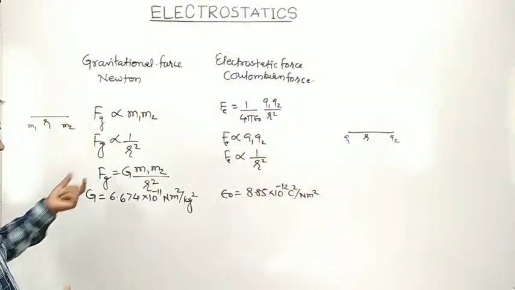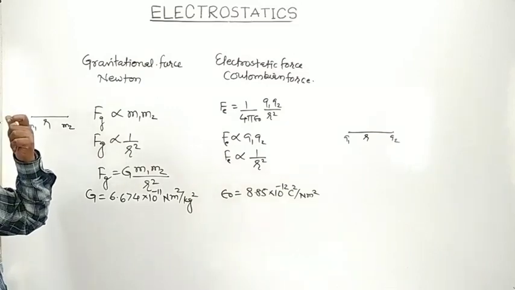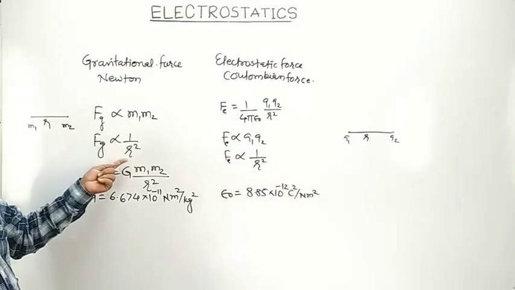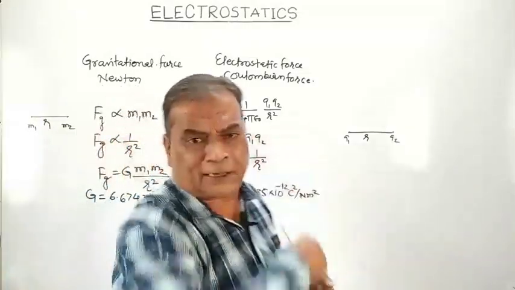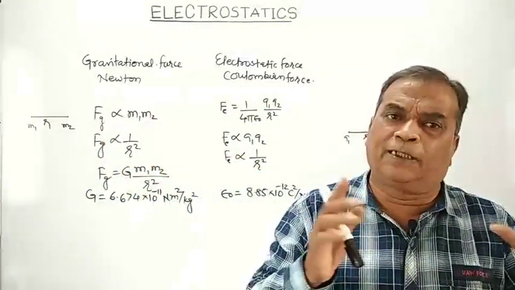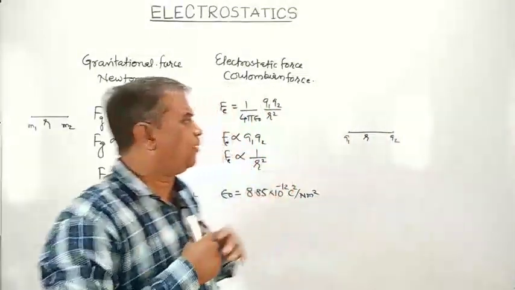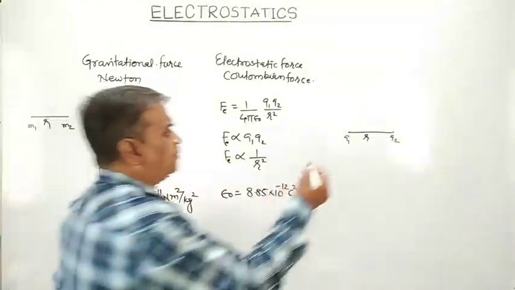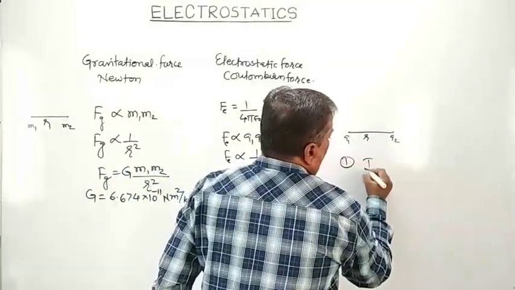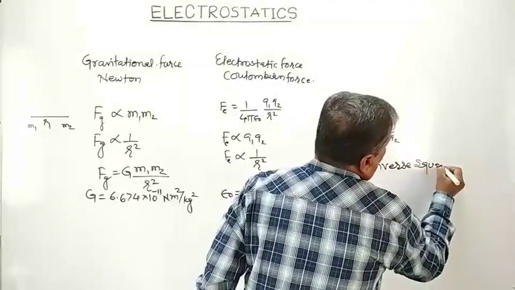Similarly, the gravitational force of attraction between the two particles is inversely proportional to the square of distance of separation between them. Means the first similarity is that both will obey inverse square law.